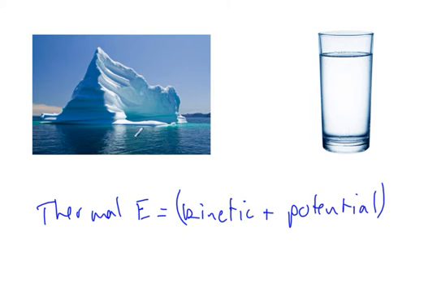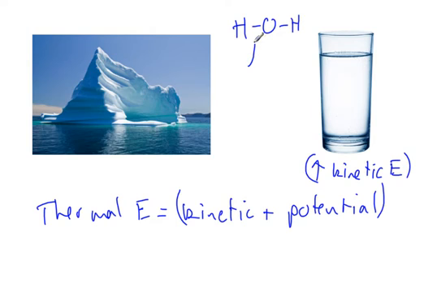In terms of kinetic energy, obviously there's going to be less average kinetic energy in an iceberg. The temperature is lower, there's less molecular movement. So water would have a higher kinetic energy. In terms of potential energy, remember I mentioned chemical potential energy is due to the substance. The substance in this case is water, H2O, and that substance has chemical potential energy in the bonds.